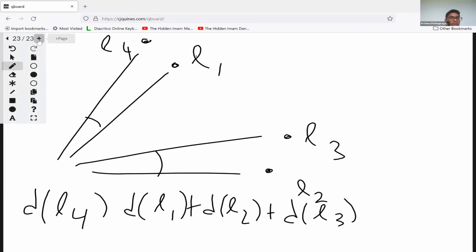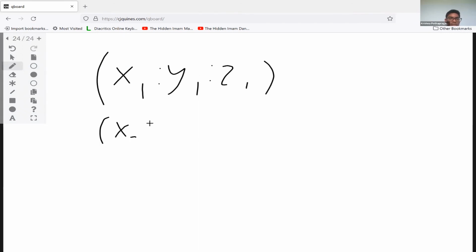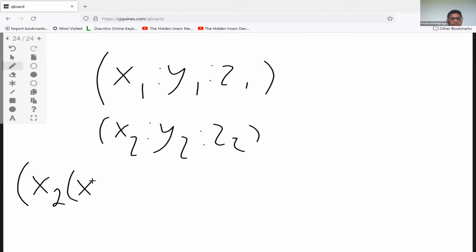So this statement, if we want to show that 2 points are the same, we have, let's just say x1, y1, z1, x2, y2, z2. So what we can do is we can homogenize it.